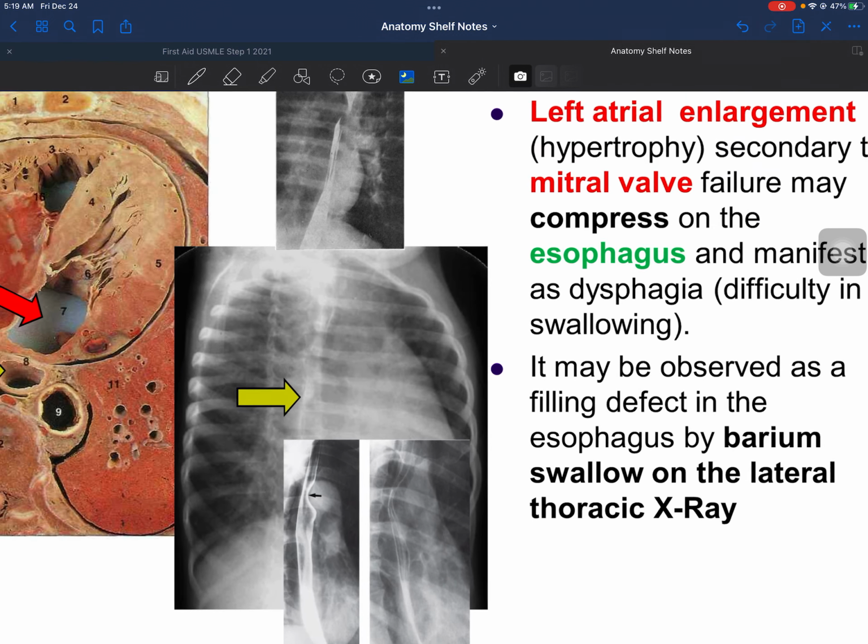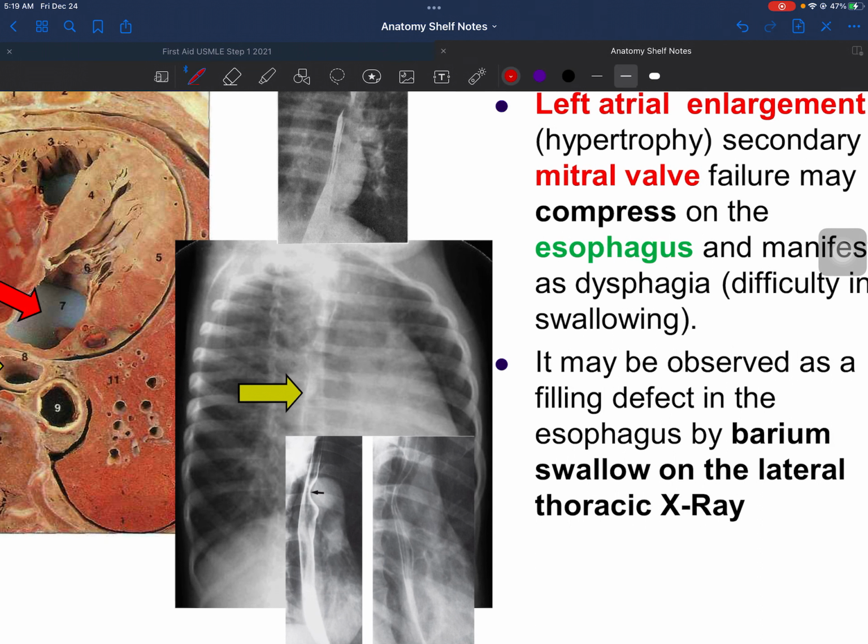So this is the lateral thoracic x-ray. We need to remember this is the lateral thoracic x-ray. I'm just going to take this one here and do this one here. Let me write it in a better way.